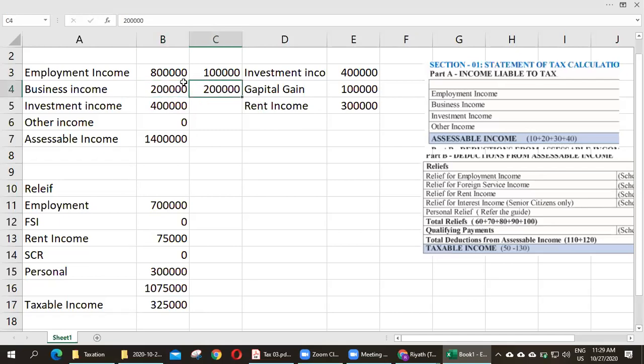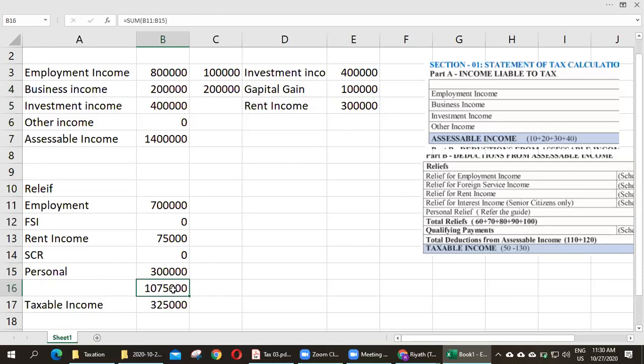Therefore, 200,000 plus 100,000 equal 300,000. This investment income is a breakup: capital gain 100,000, rent income 300,000. We already claimed 25% of rent income, so we can't claim again for the same source of income, right? Any questions? This 100,000 is not eligible to get personal relief. Any questions?